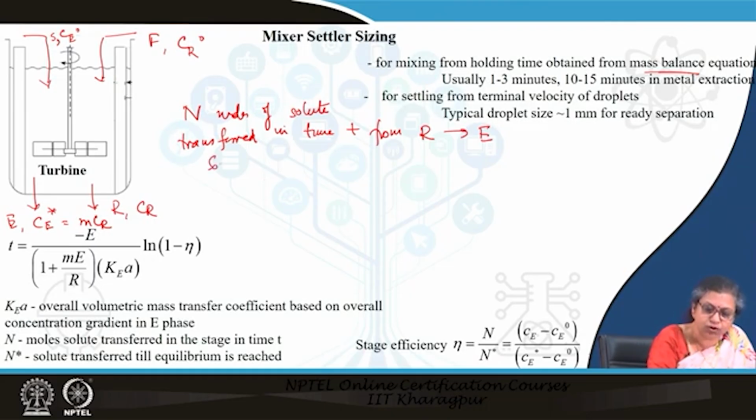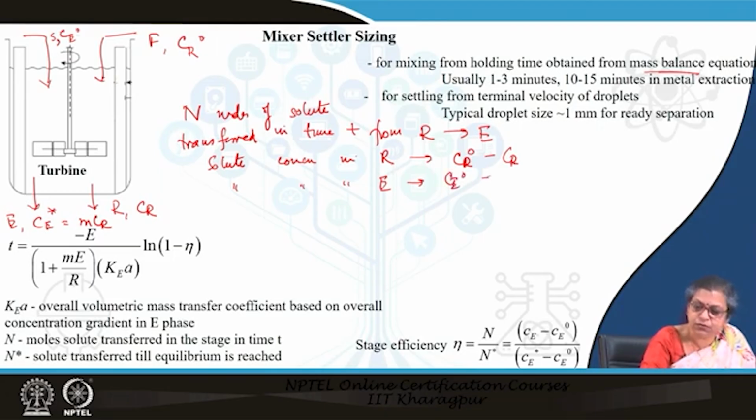The solute concentration in the raffinate changed from CR0 to CR, and the solute concentration in the extract changed from Ce0 to Ce star, I would like to put, because under ideal conditions this is going to be in equilibrium with this.